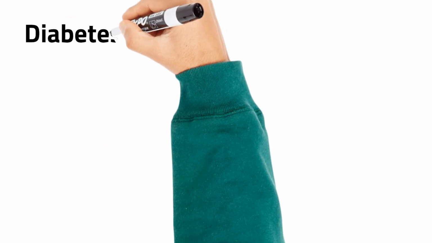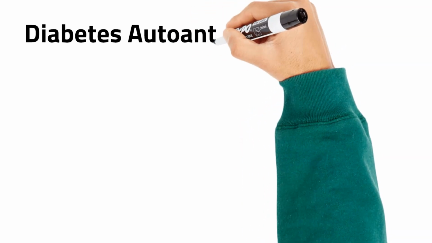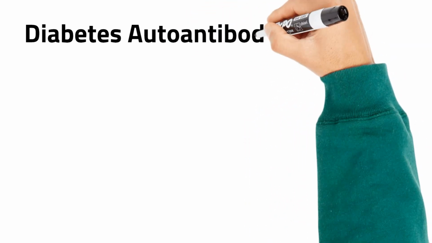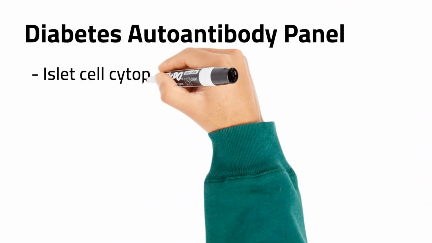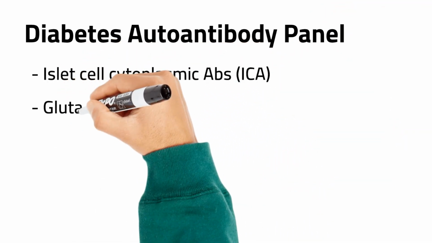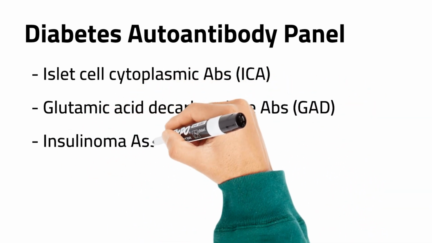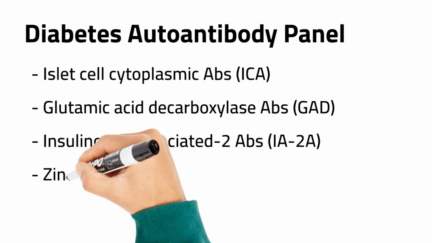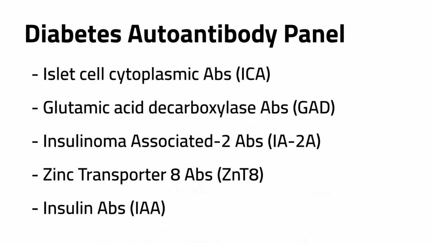The diabetes autoantibodies panel comprises 5 antibodies that include islet-cell cytoplasmic antibodies, glutamic acid decarboxylase antibodies, insulin autoantibodies, insulinoma-associated 2 antibodies, and zinc transporter 8 antibodies. However, not all of these autoantibodies are routinely tested in the clinical laboratories due to their technical difficulties.